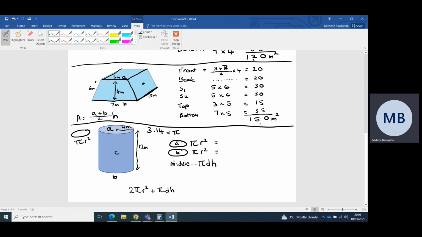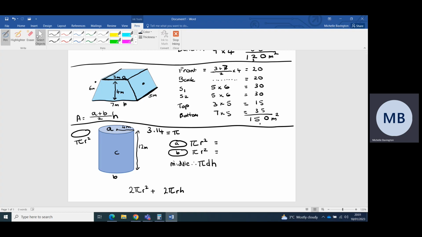It depends which one you want to use, because you could also do plus 2 pi r height. It really depends how you want to do it.